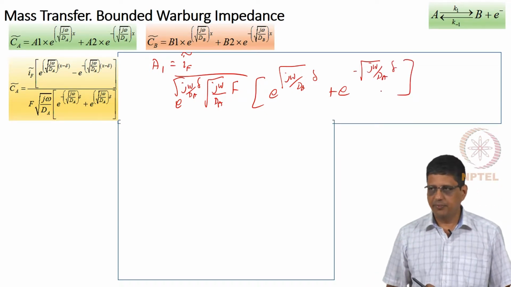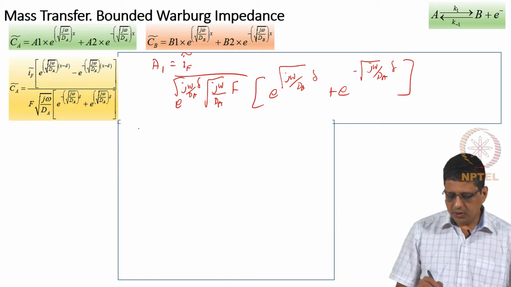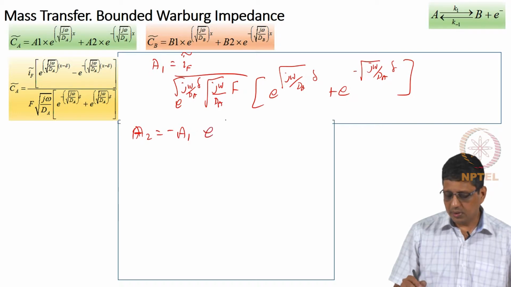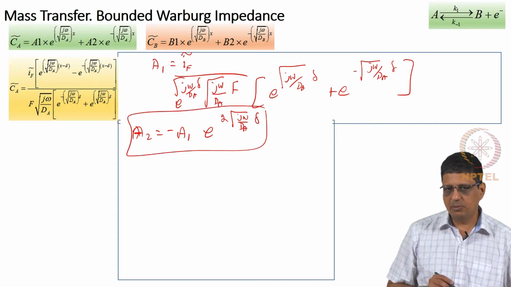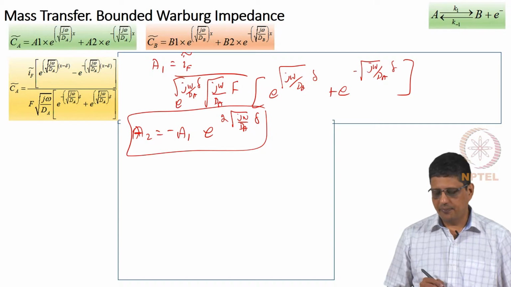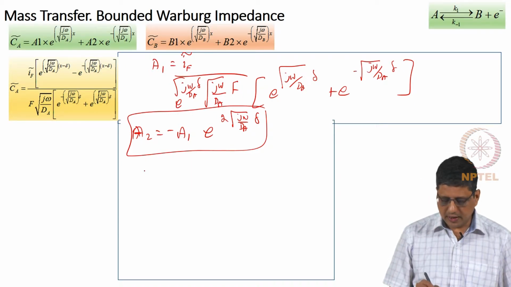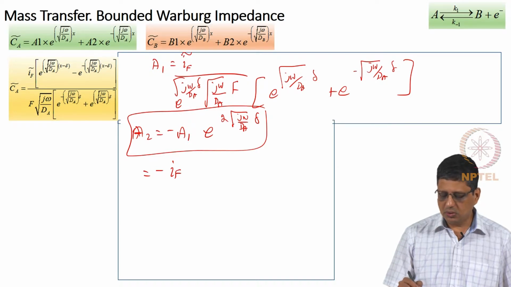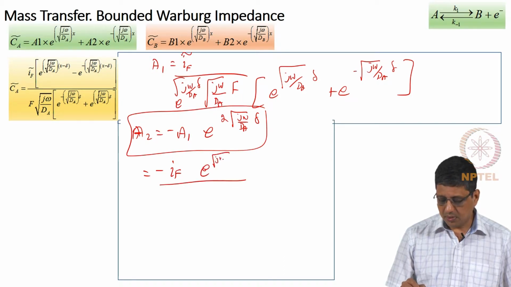We got this before, and A2 is going to be minus A1, correct. We got this from the first boundary condition, and therefore, it is going to be minus IF. If I multiply by e power 2 square root of j omega by dA, I am going to get, correct.